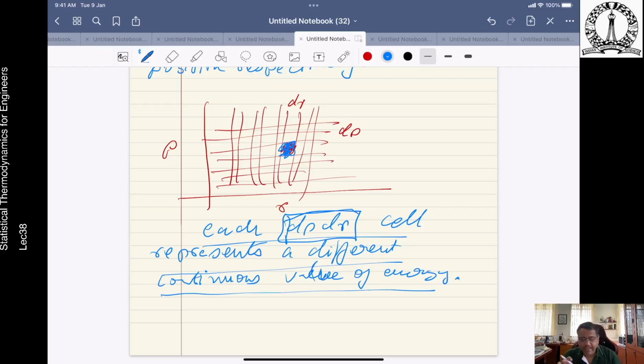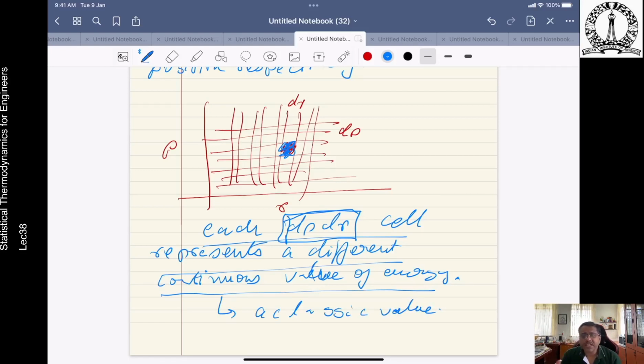So each cell can be representing a single classical value of continuous energy.